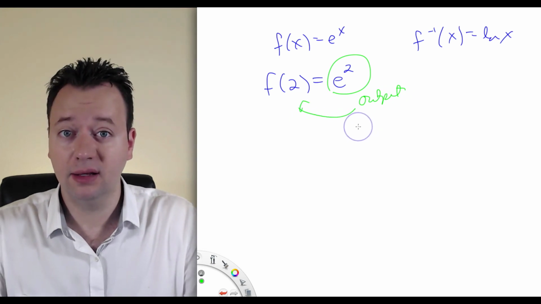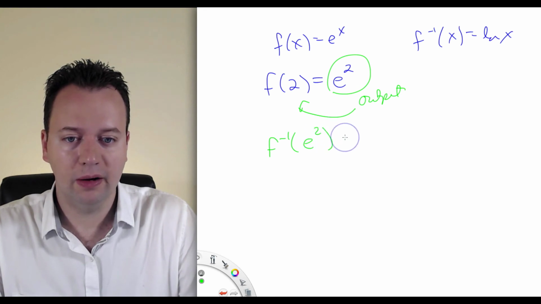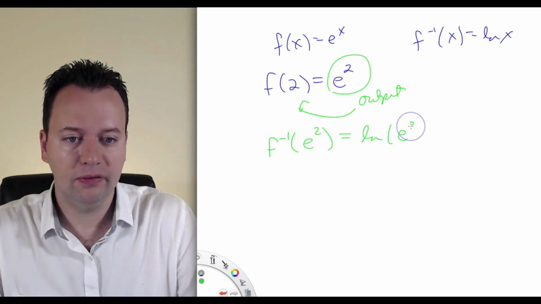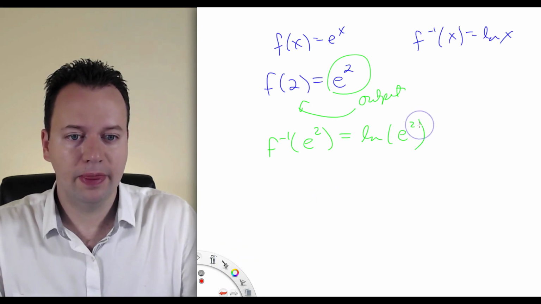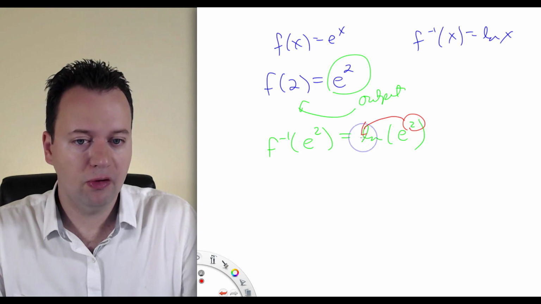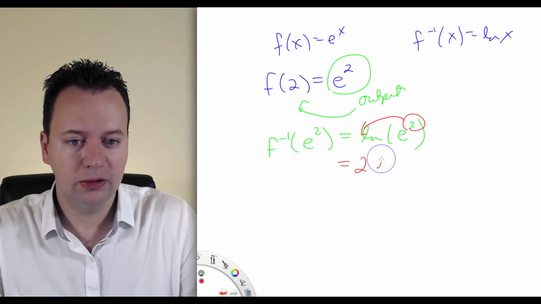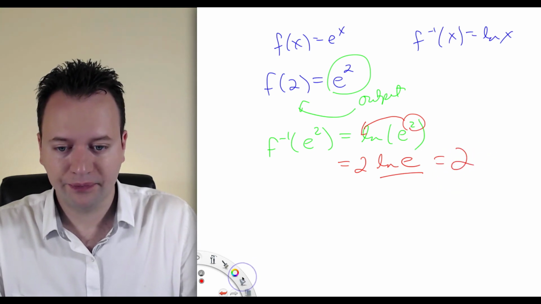Well, we have to take the natural log. So let's try f inverse of e squared. That would be the ln of e squared. You can remember that ln of e to the x is just x, or you can move that 2 out front, and it's 2 ln of e, and ln of e is just 1, so it's equal to 2. So it definitely works.